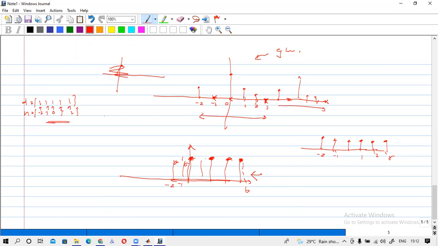In Matlab, sometimes we have to generate an empty array.